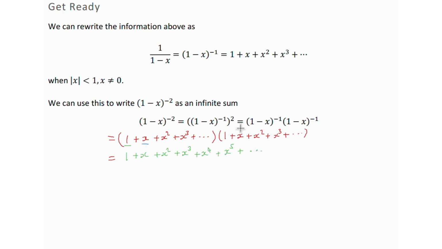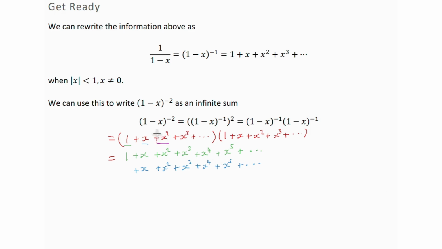It's going to give us plus x to the 4 and plus x to the 5 and so on. Now when we multiply the x by each of these things, we're going to get x times 1, so we're going to get a plus x. Then we're going to get x times x, so we're going to get a plus x squared. x times x squared is going to be a plus x cubed. x times x cubed is going to give me an x to the 4, an x to the 5, and so on forever.